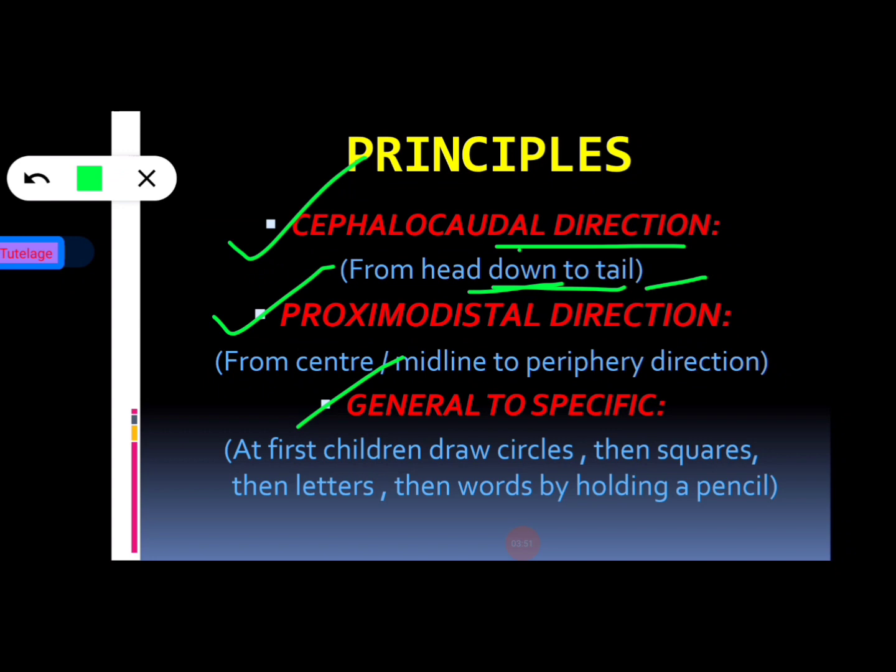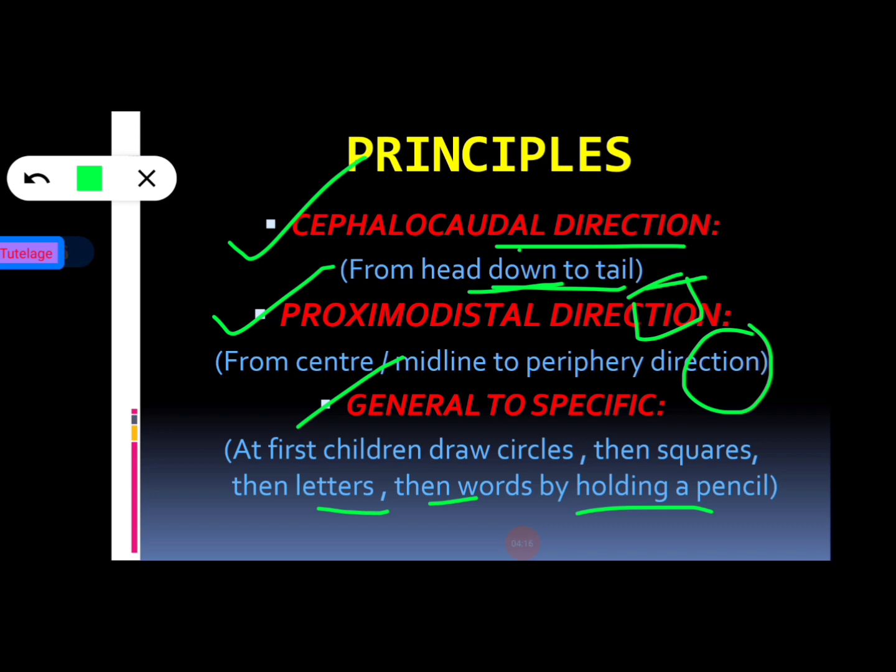So that's why children first draw circles, then squares, and then letters, then words by holding a pencil. So basically development proceeds always from general to specific.